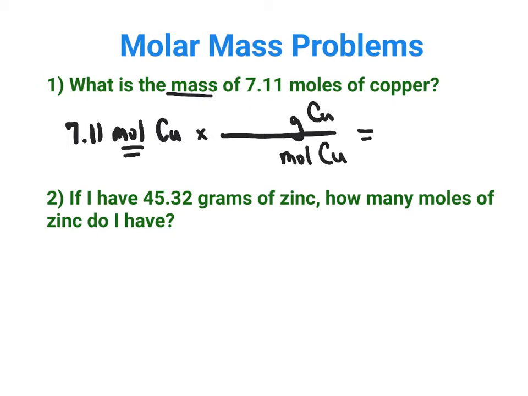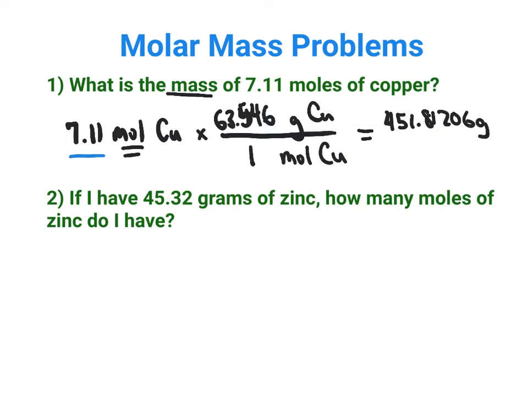And then I just go to my periodic table. I know that if I have 1 mole of copper, I am going to have 63.546 grams. And then I can multiply it out. Once I put it in my calculator, it gives me 451.81206 grams, which is a lot.